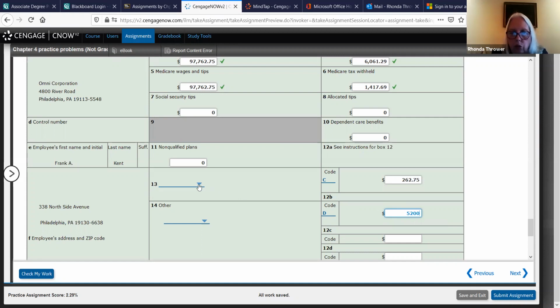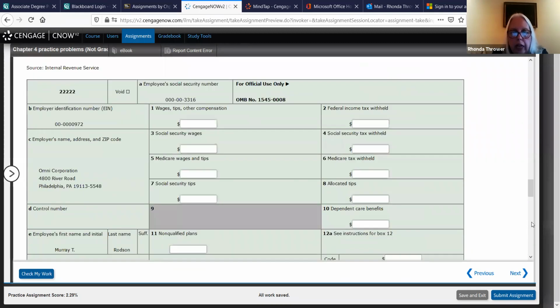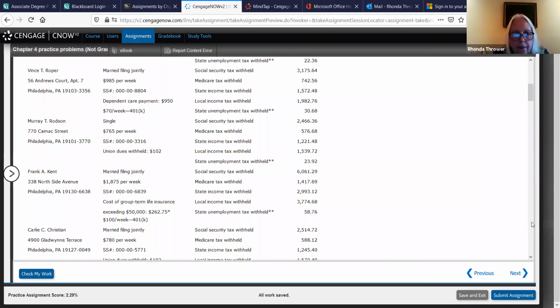And then in box 13, we have a drop down. Box 13, there was a retirement plan in place. And then in box 14, we have the other income. And this time, this employee only had the state unemployment tax withheld at $58.76.